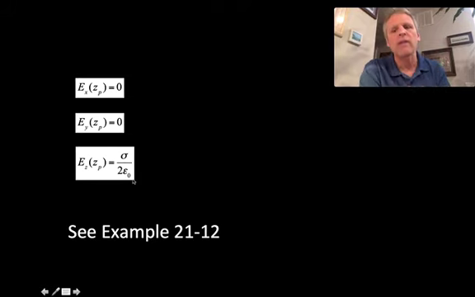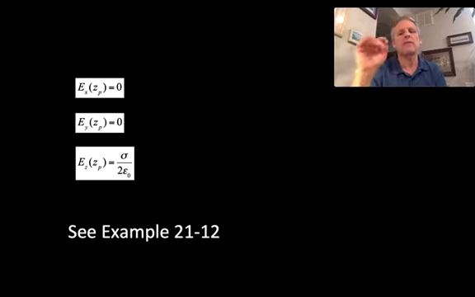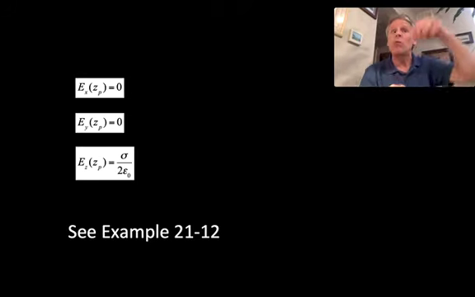Now, look at that. And notice if there is something unusual about that. What happens as you get further away from this infinite plane of charge? What happens to the electric field strength? Nothing. That's unusual when you consider that if it was a single charge, it would be weakening as 1 over r squared.